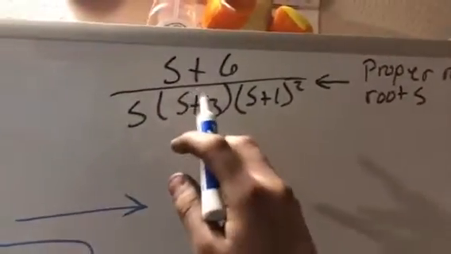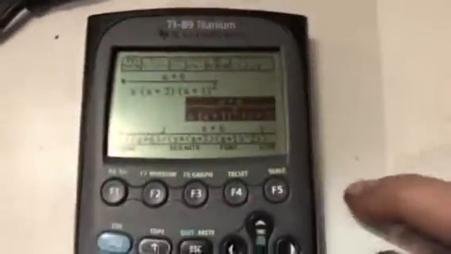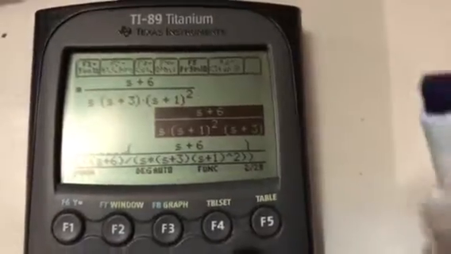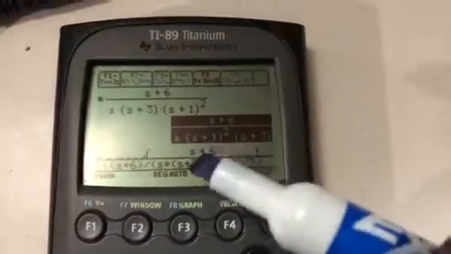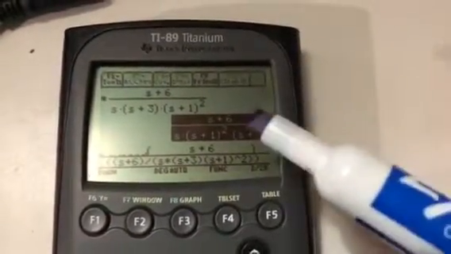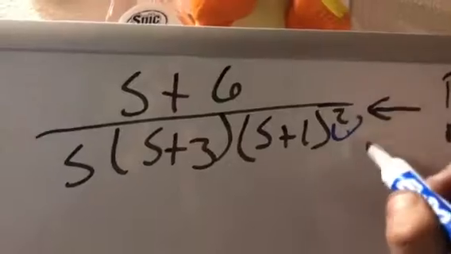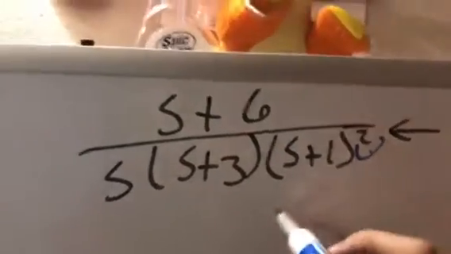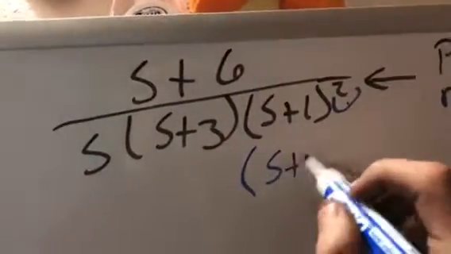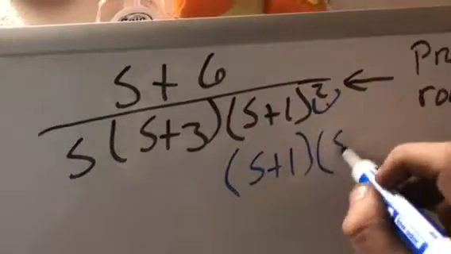So we have this equation right now, and I'm just going to show you. Right there, s plus 6 over the quantity of s times all of that. Now, something to notice here is that this has a repeated root right here. This root is getting repeated so that you have basically this on the bottom.